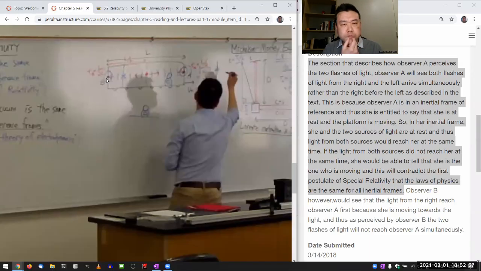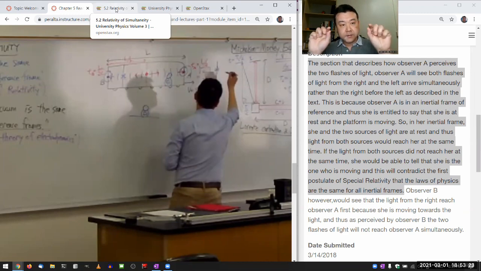I think with the tools we are introducing this week, if this is leaving you maybe confused, I would rather you be confused than not fully absorb the fact that simultaneity is not an absolute thing in special relativity. Whether two events are simultaneous or not depends on what reference frame you observe them in.